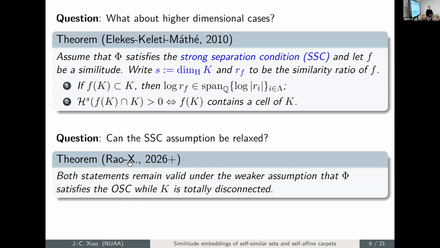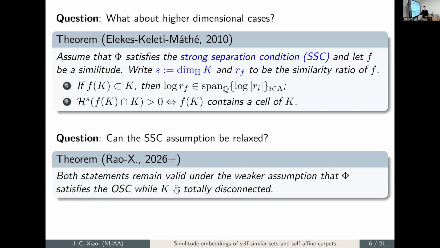Can you say anything about the proof, or what the new ingredients are? The proof is in some sense analogous to your proof. But we just discovered that the open set condition together with total disconnectedness is not too far from the strong separation condition, and there are some tricks involved.